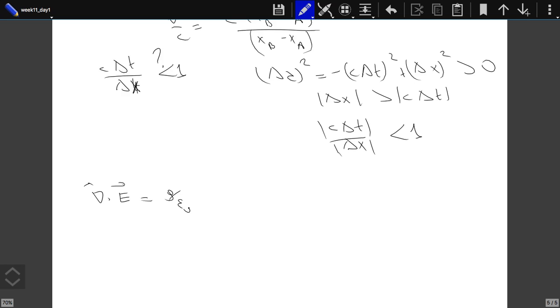The new components, in terms of the old components, we can obtain by a matrix multiplication: cosine theta, sine theta, 0; minus sine theta, cosine theta, 0; 0, 0, 1; acting on Vx, Vy, and Vz.